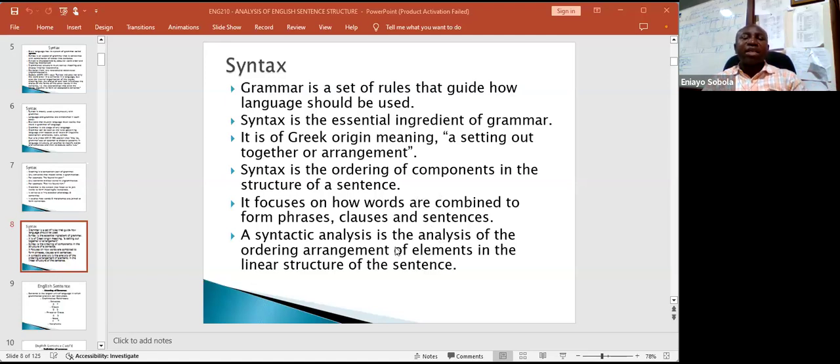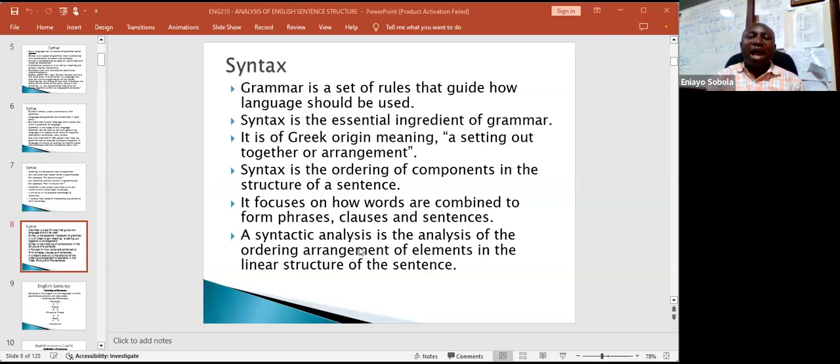So we can say that a syntactic analysis is the analysis of the ordering arrangement of elements in the linear structure of a sentence. When you engage in doing a syntactic analysis, that is, you're analyzing how elements are arranged to form a meaningful structure.